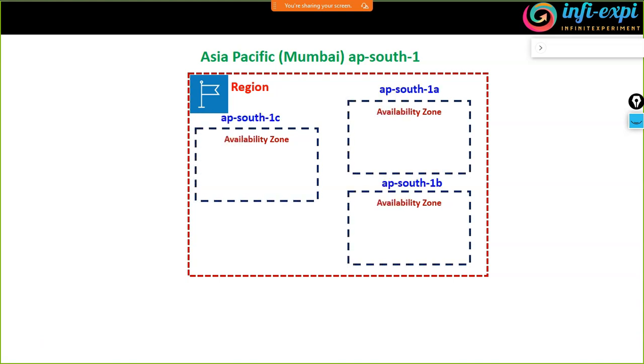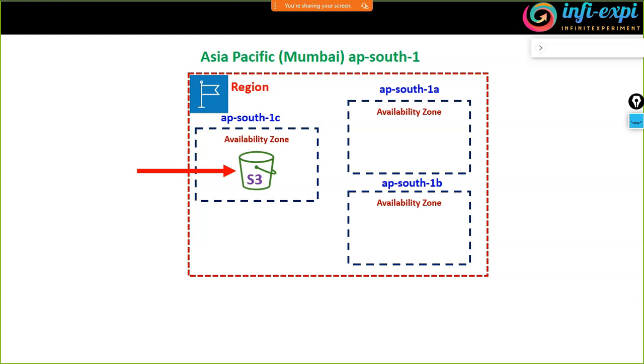It's all about the Mumbai region, where we have 3 availability zones, and these 3 availability zones are interconnected. That's what we learned in the last session. Right now, I'm going to pick one of the availability zones and launch a bucket into it. The S3 bucket instance will be launched into that particular availability zone.